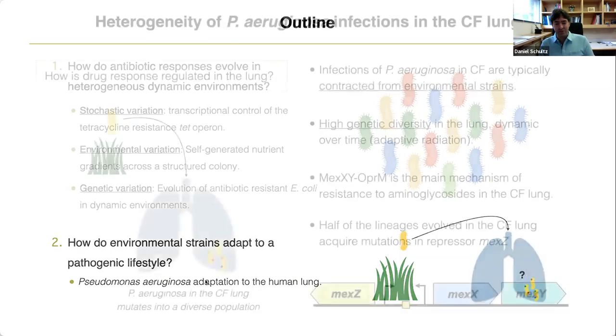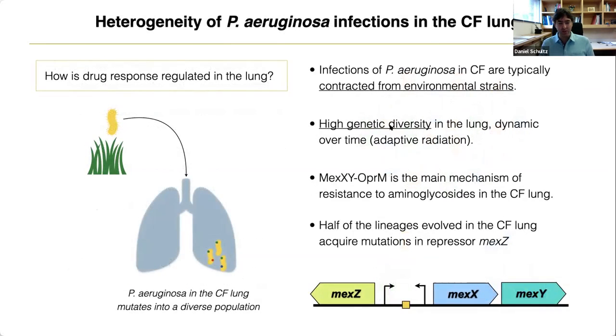Pseudomonas adaptation to the human lung. Pseudomonas infections usually come from environmental strains, and half of the strains that evolve in the human lung develop mutations in this MexZ repressor of resistance.